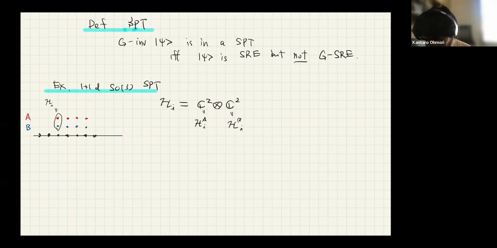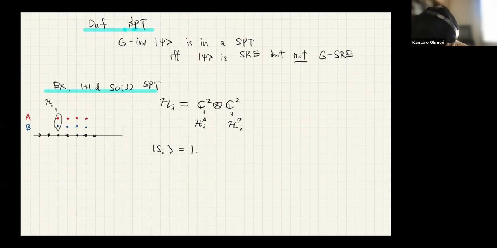Then to define this state, I first prepare a state Si to be this one.